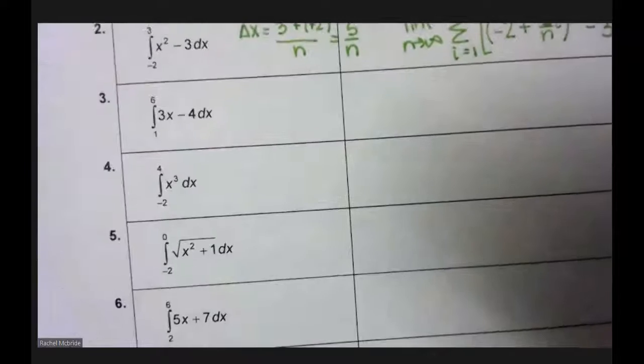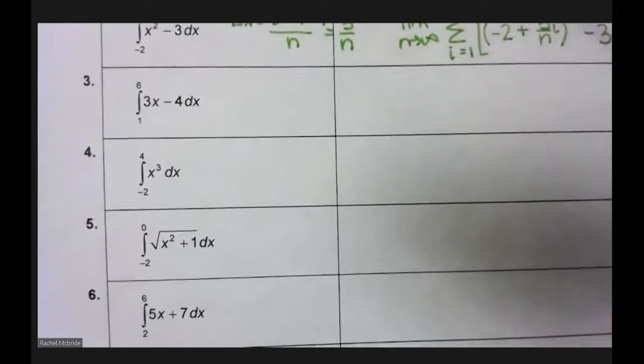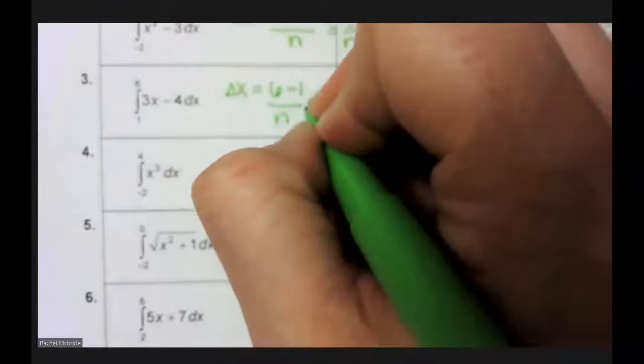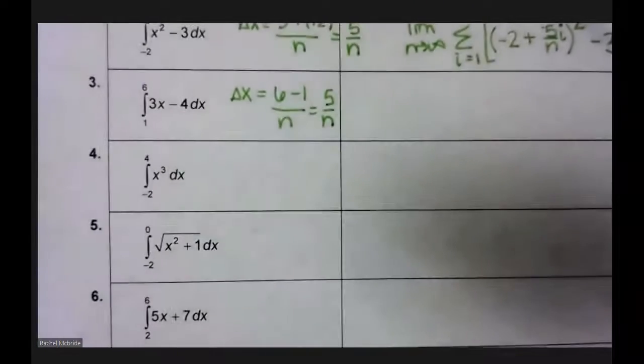Okay, one more. Delta x, upper minus lower, so we get another 5 over n.